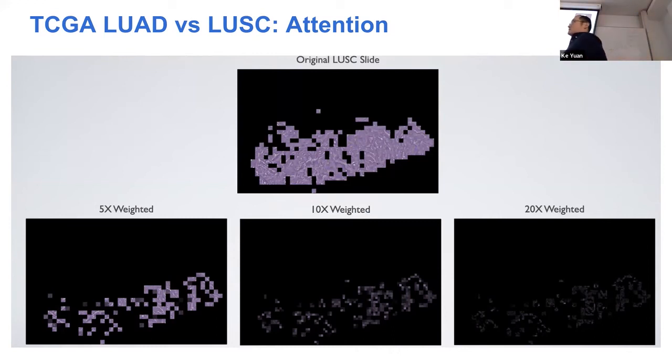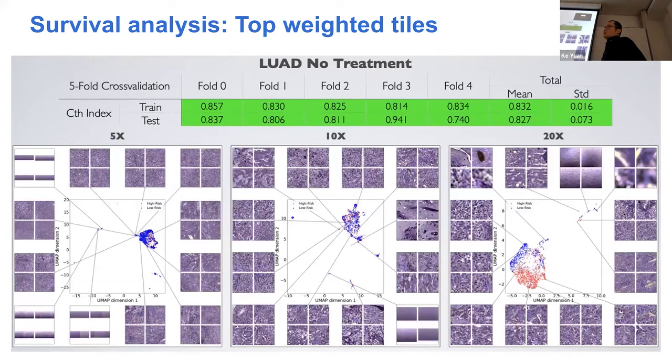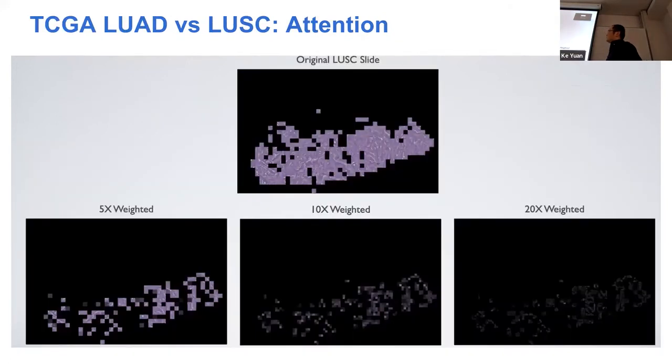Can I have a question? Yes. Can you tell us a little bit more about what MIL you are using for this discussion? Is it CLAM or is it something else? We use a fairly standard MIL.